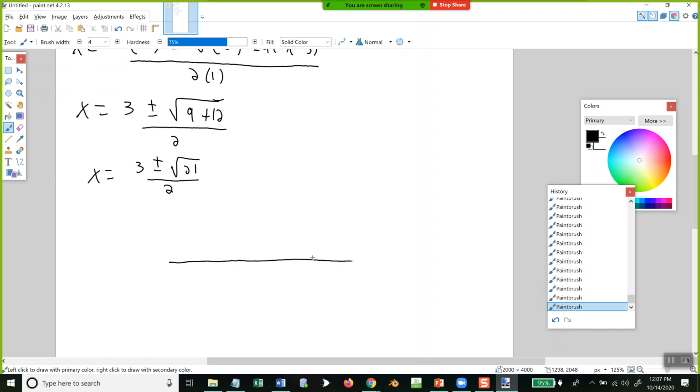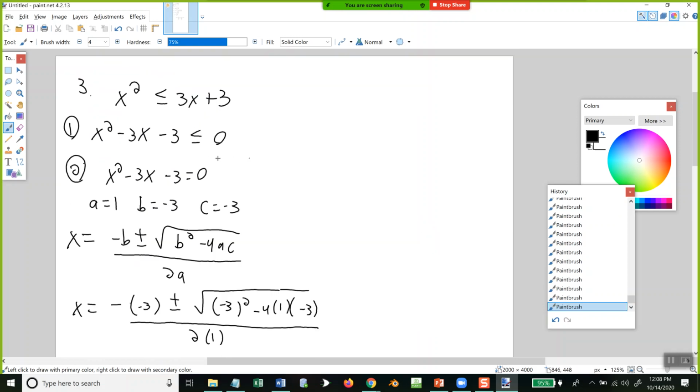The fact that they're not nice doesn't matter, as long as we put the smaller one over here. So 3 minus the square root of 21 over 2 is less than 3 plus the square root of 21 over 2. Now, if you wanted to put those in decimal form, that'd be no problem. But again, it doesn't matter because I just know they split things up into intervals. Now, our problem is a less than or equal to, and we got a positive x squared, which means it opens up.